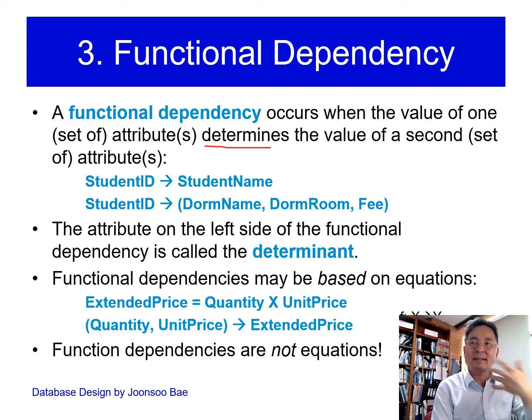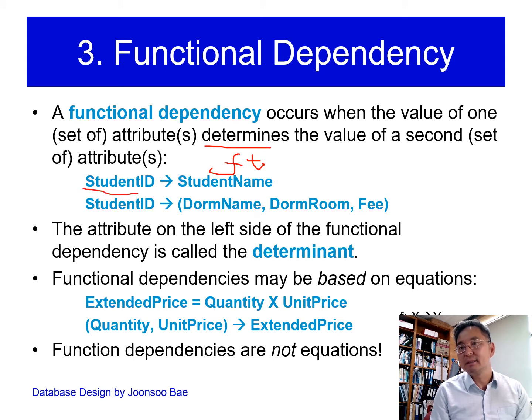If it is determined, it means that it is a function. So if the relationship between two attributes satisfies this, we can say they are in a functional dependency. The first attribute is called the determinant, and the second attribute is the dependent.